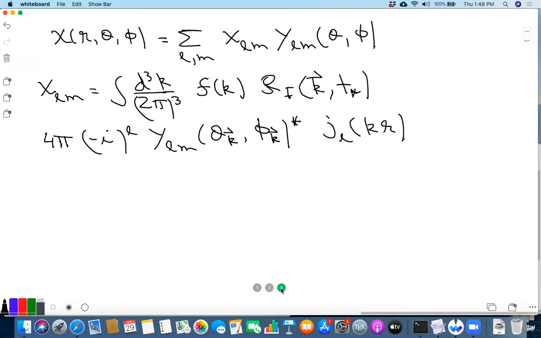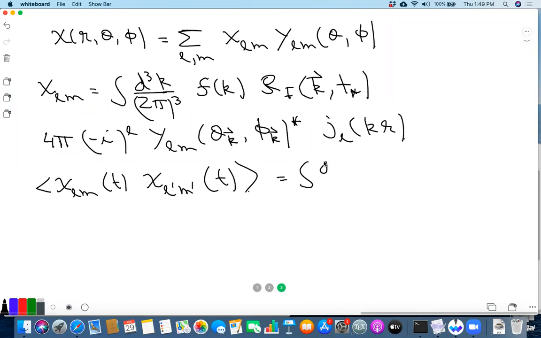So given this, let's now calculate chi LM. Let me just put a T here, even though I have not been writing. Chi L prime M prime T. So this will involve a double integral. So this will be integral d cube k over 2 pi cube, d cube k prime over 2 pi cube. I forgot to do one thing. I'll just put a star here, complex conjugation.